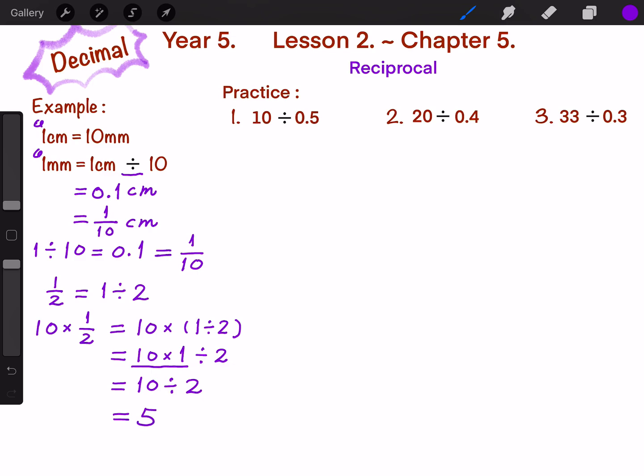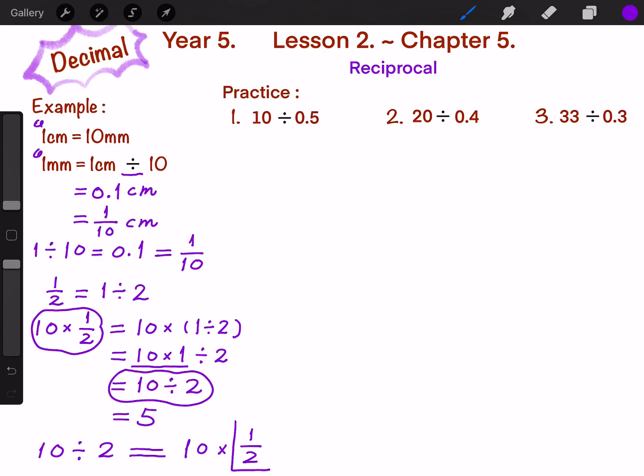Here we can get 10 times 1/2 equals 10 divided by 2. Or let's say 10 divided by 2 equals 10 times 1/2. 1/2 is the reciprocal of number 2.